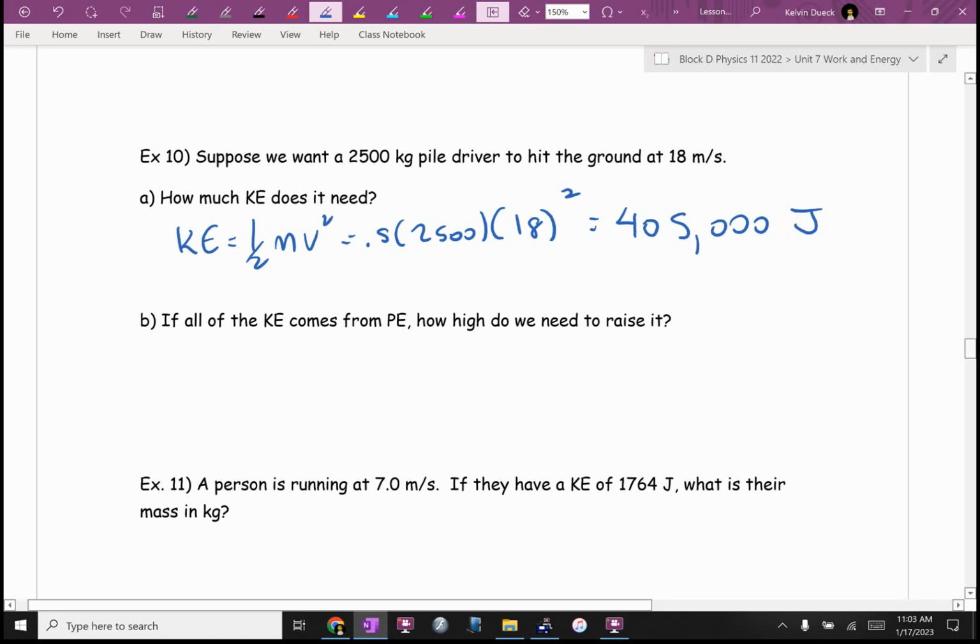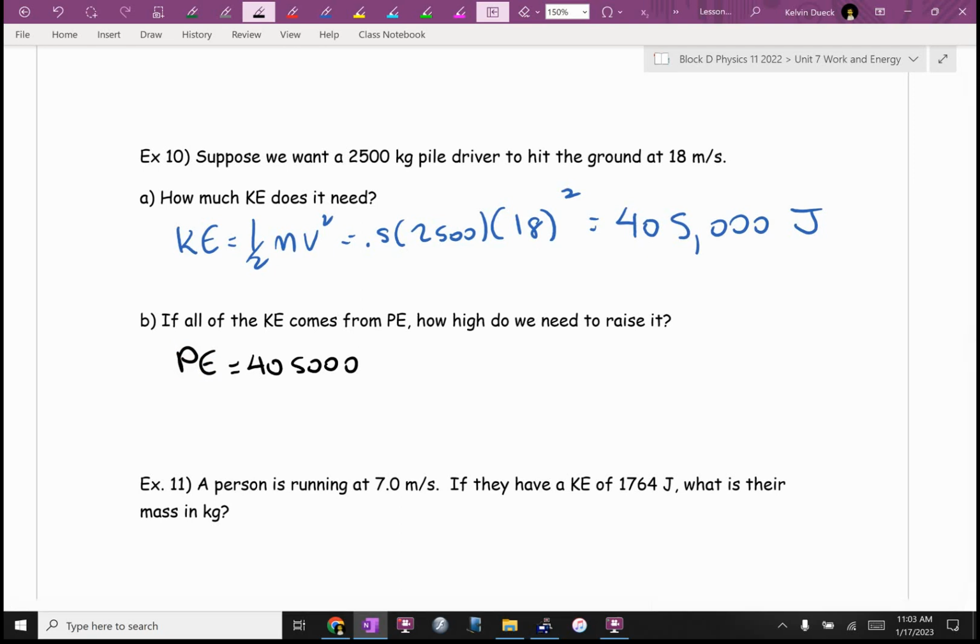If all of the kinetic energy comes from potential energy, how high do we need to raise it? So I think what we're saying is this: if all of the kinetic energy, 405,000, comes from potential energy, then the potential energy has to be 405,000.